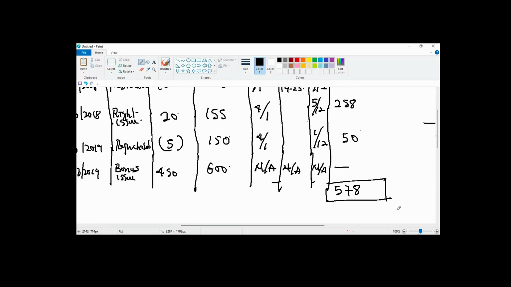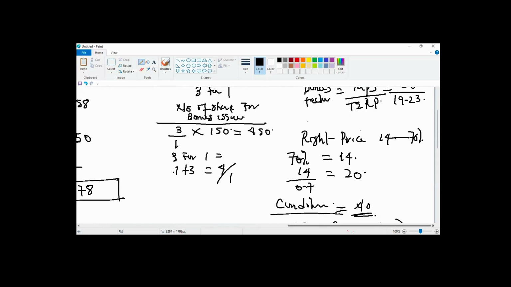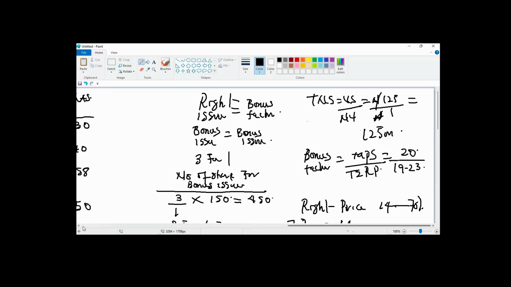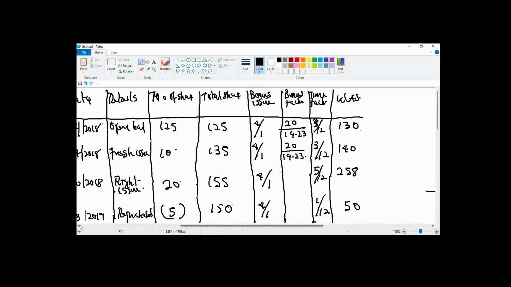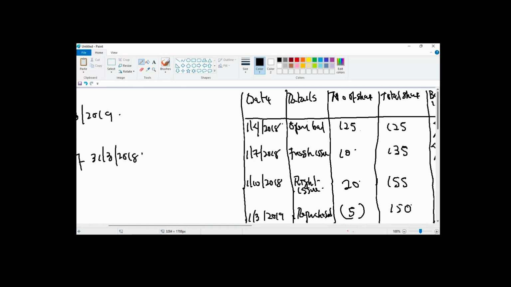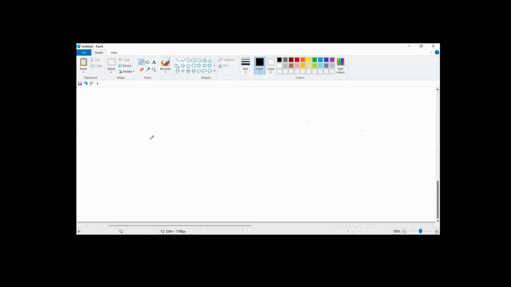Next, look at profit before interest and tax. If they give me that, how do we calculate earnings attributable to equity holders? It depends on what is given in the question.